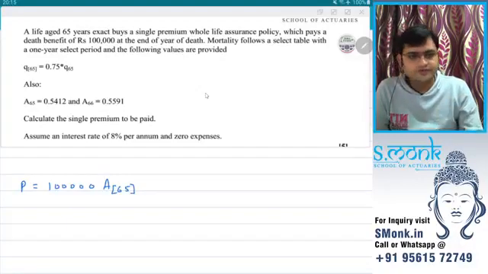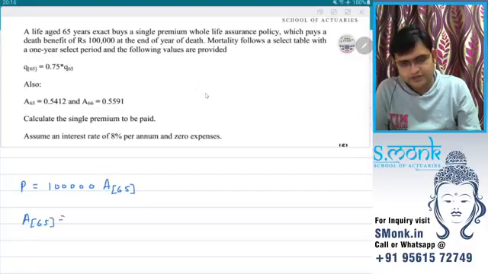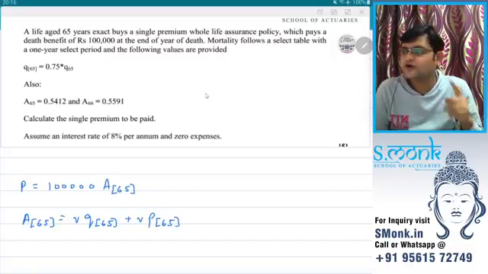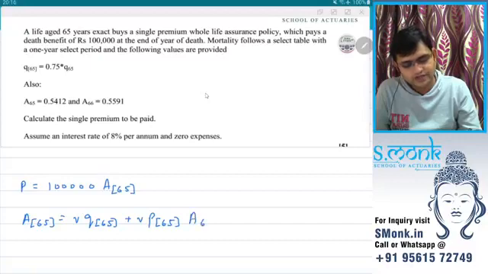Now, similar to what we did before, our A select 65 will be equal to v q select 65 plus v p select 65. Because the select period is 1 year, that becomes the ultimate value.